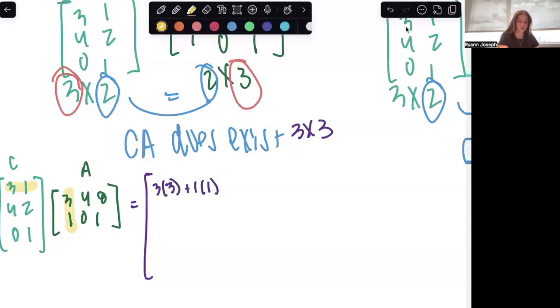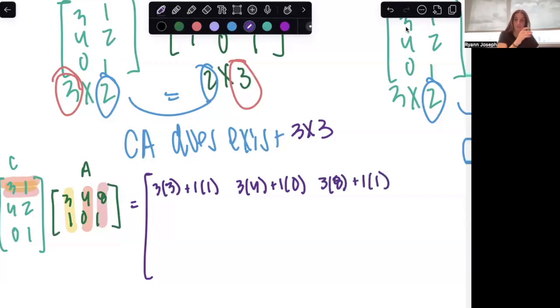My second entry is 3 times 1 plus 1 times 0, and 3 times 4 plus 1 times 0. And then 3 times 8 plus 1 times 1. That's our first row because we use the first row in C.